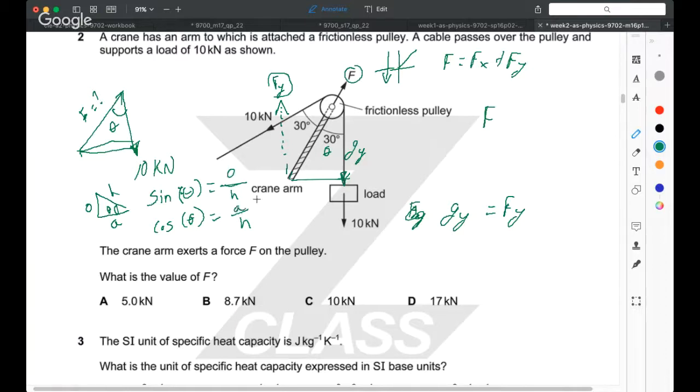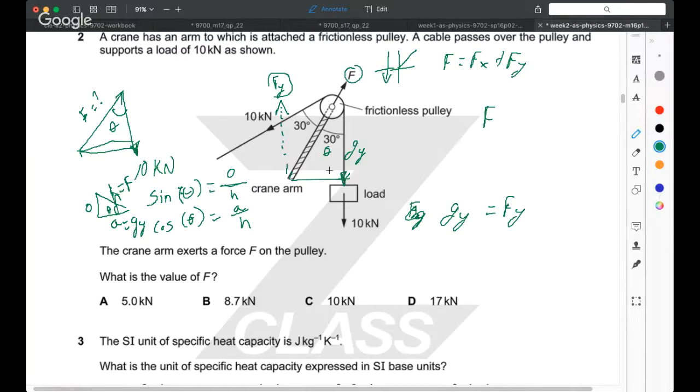So now here you have a triangle. This h is f. This adjacent is what I call g of y, and the angle is still the angle.